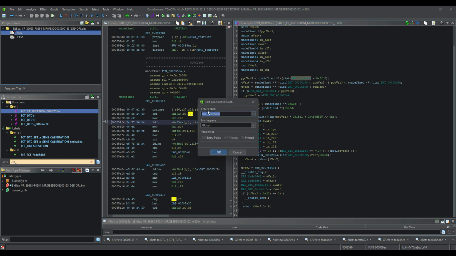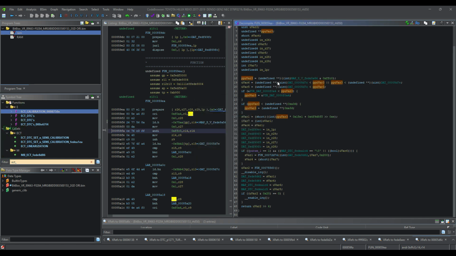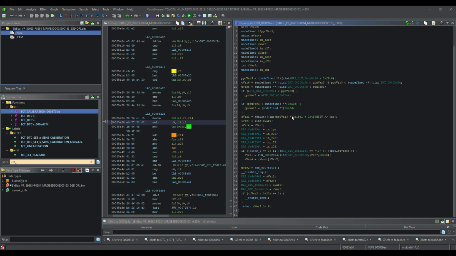I don't know what to call it. So we're gonna call this map. We're just kind of prototyping off of our ECT sensor. So map sensor voltage, you know, that's what it was, and it compared against these. Yeah, okay. This is our factorization of it. This is the factor, this is the offset. So how do we want to break this down?